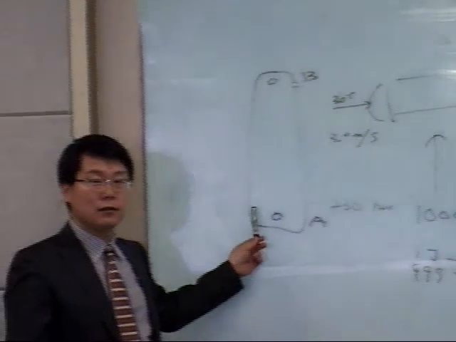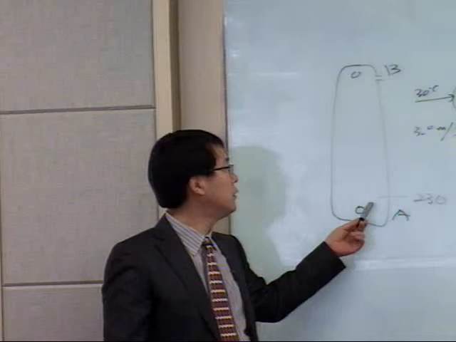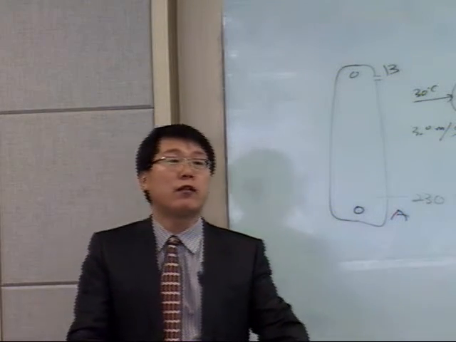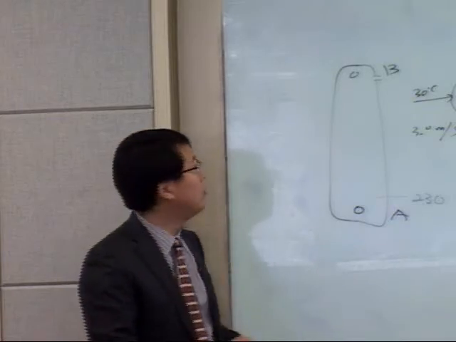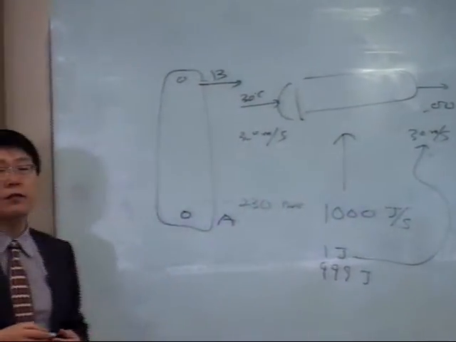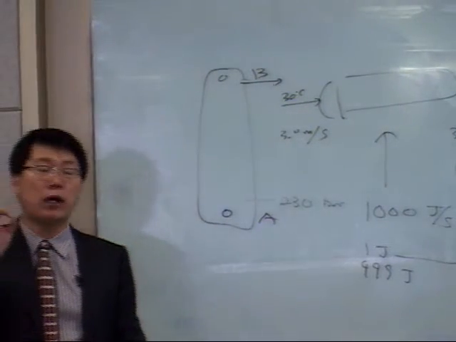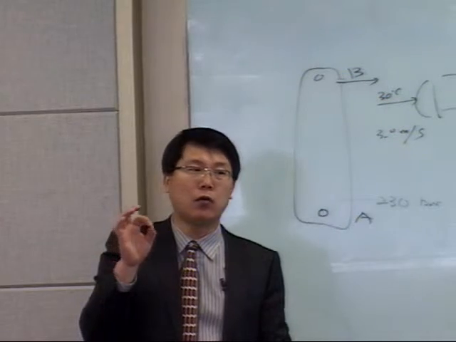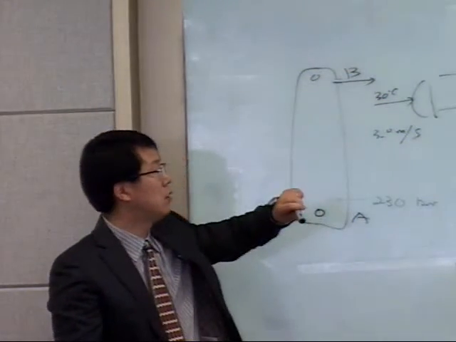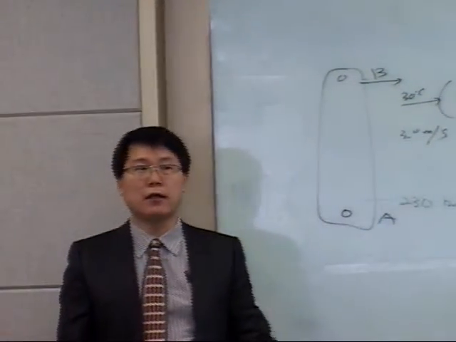But in this case, we consider the internal pressure is 230, and consider the velocity from a leak. We have a small leak, maybe a 1 centimeter hole. Then what is the velocity?